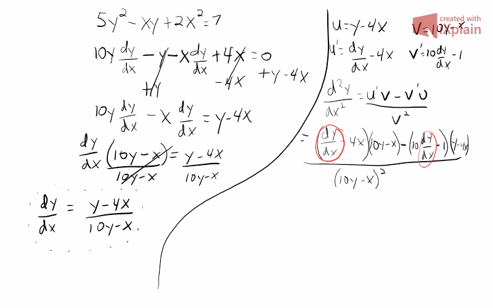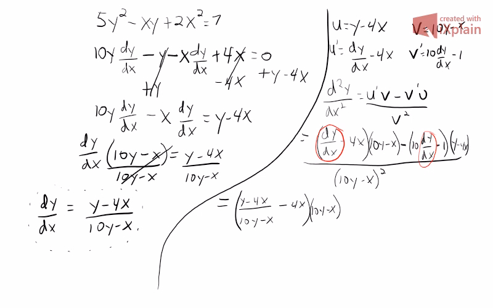Okay, so continuing, dy over dx, replace that with y minus 4x over 10y minus x. Okay, and then we still have our minus 4x, and then we still have our 10y minus x.